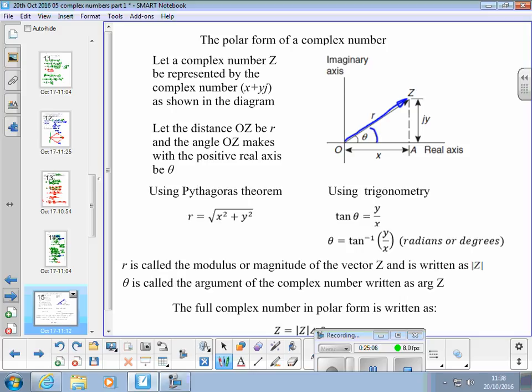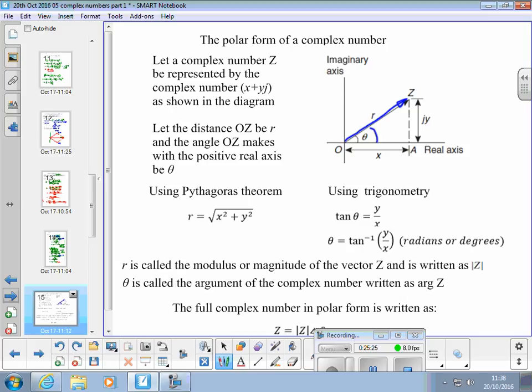then by Pythagoras' theorem, the length of that line r is the square root of x squared plus y squared. You all remember Pythagoras' theorem? The square on the hypotenuse is equal to the sum of the squares on the other two sides.